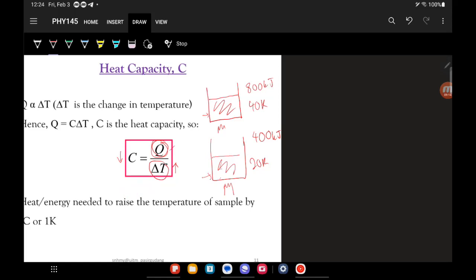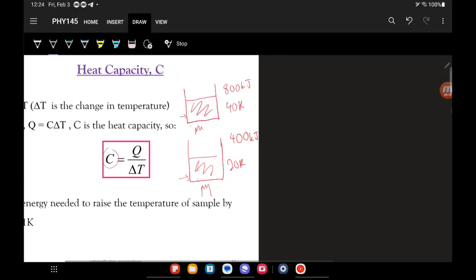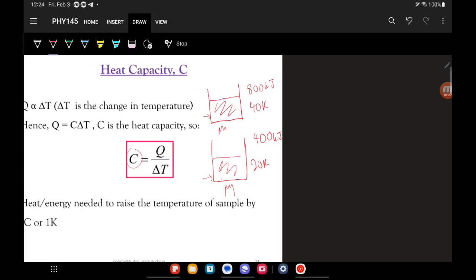But if you look here, heat capacity is also dependent on the amount.